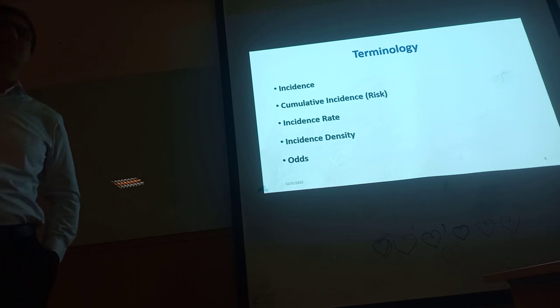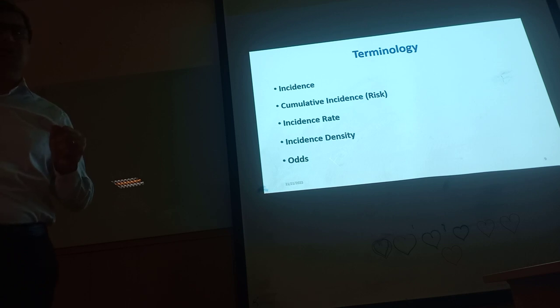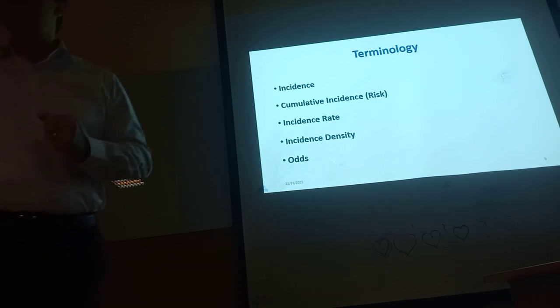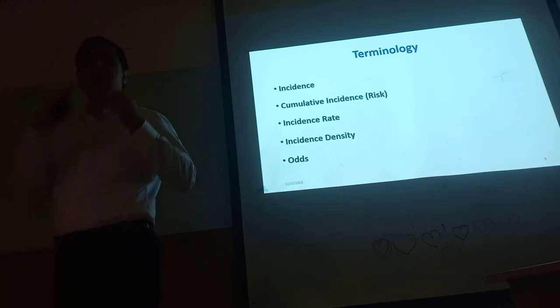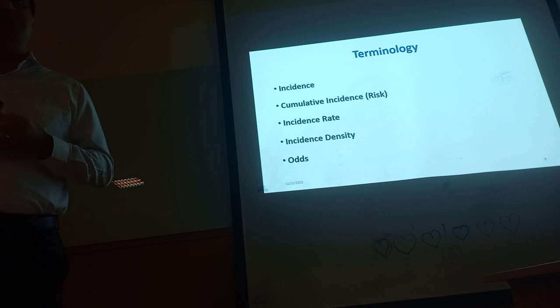When you are betting, for example, on a horse, in a horse race, you may say that I bet on this horse 3/1, which means that the probability or the risk of winning for this horse is 3 times against the probability of not winning or probability of losing. So odds is probability of something occurring divided by the probability of it not occurring.